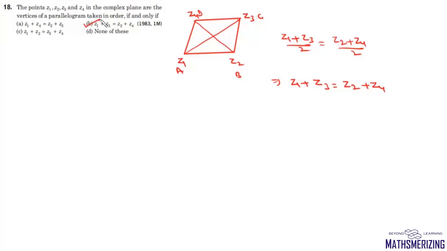And that's your option B. Now here the question is, let Z1, Z2 and Z3 be three pairwise distinct complex numbers and T1, T2 and T3 be non-negative real numbers such that T1 + T2 + T3 equals 1. Now we need to prove that the complex number Z, which is T1·Z1 + T2·Z2 + T3·Z3, lies inside a triangle or on its boundary.